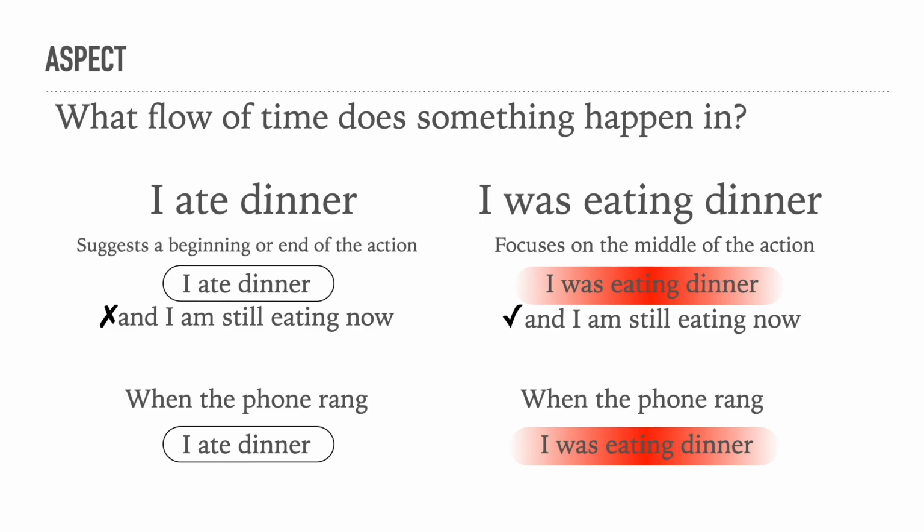"When the phone rang, I ate dinner" strongly suggests that the phone rang and then you started eating dinner. So it has a definite beginning. However, "when the phone rang, I was eating dinner," in this sentence, you were already eating dinner, then the phone rang. So it doesn't have a distinct beginning.